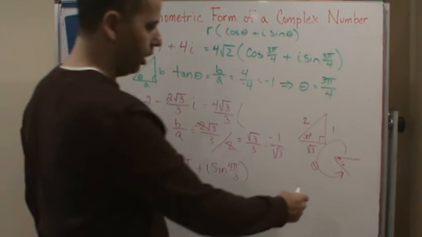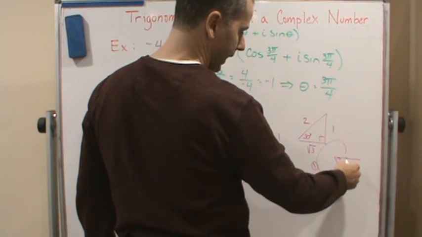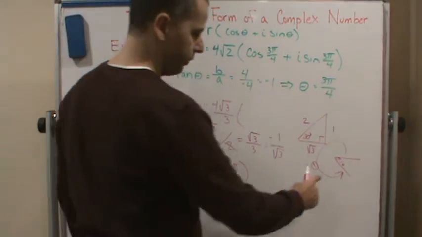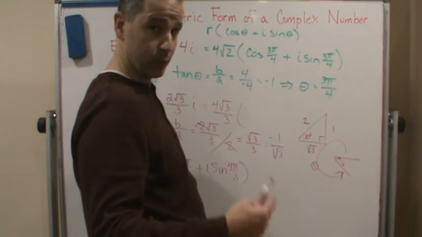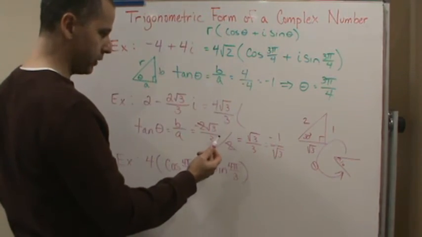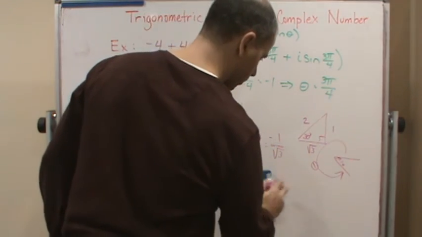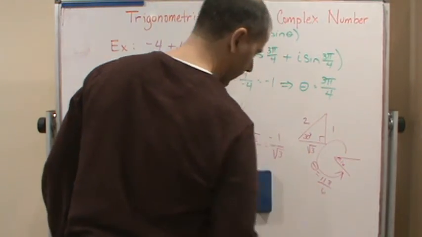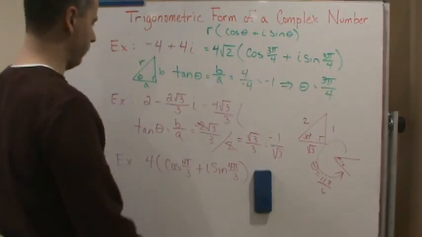And again, going all the way around is 2 pi, which is the same as 12 pi over 6, and we subtract off one of those pi over 6, we get 11 pi over 6. And so that is going to be our angle. So we're going to use theta equal to 11 pi over 6. So again, negative pi over 6 is the same as 11 pi over 6.